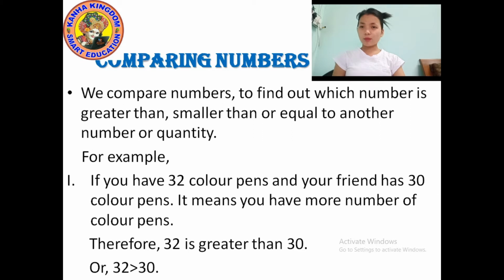From the above point we come to know that 32 is greater than 30, right? And see, in the last line I have written one symbol between 32 and 30. This symbol is the symbol of greater than. This line says that 32 is greater than 30.